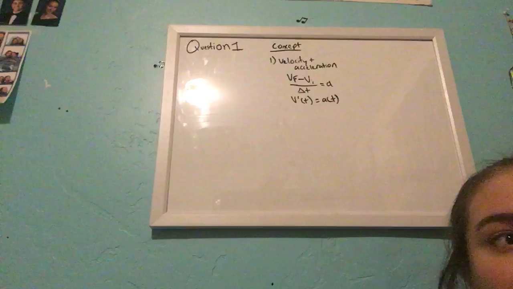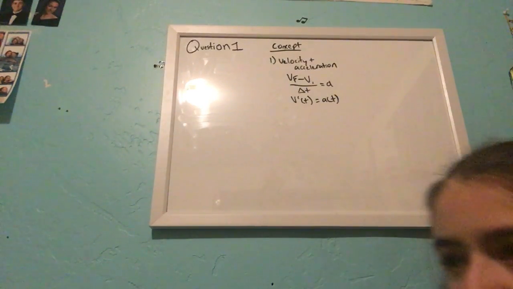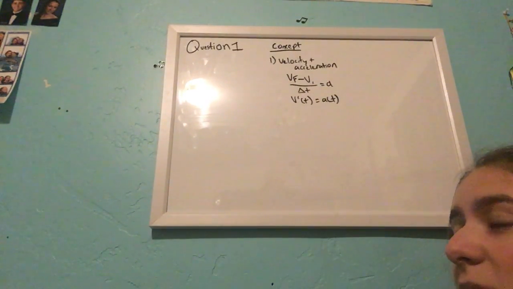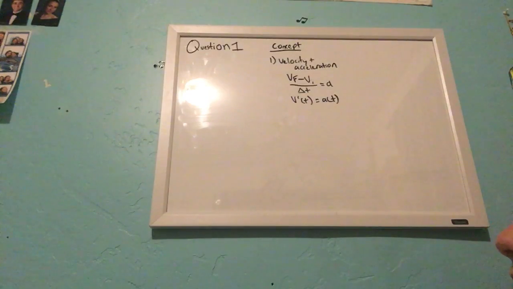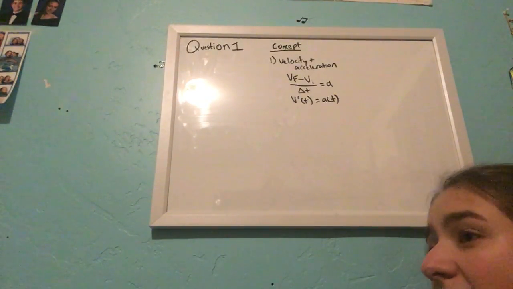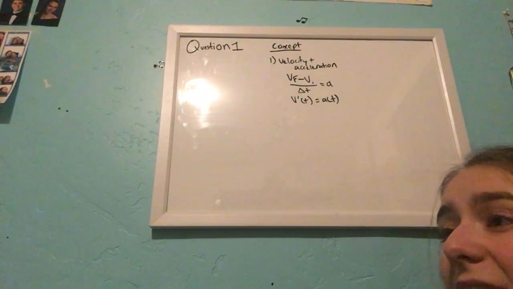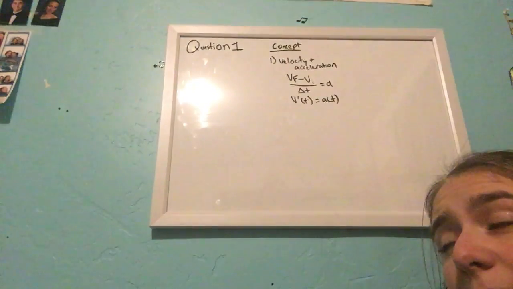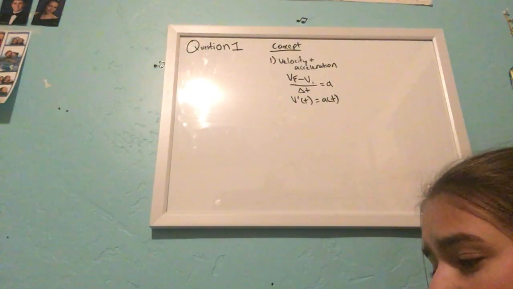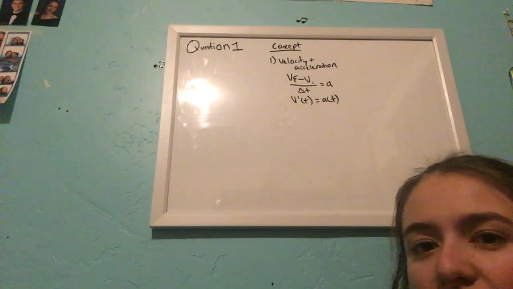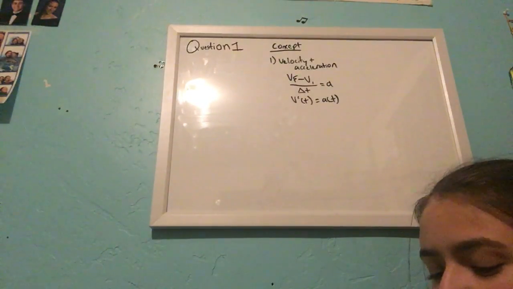So that is going to be an important concept in our question. Derivative of velocity is acceleration, and that also means that the antiderivative of acceleration is going to be velocity. Okay, so that is the important concept here.